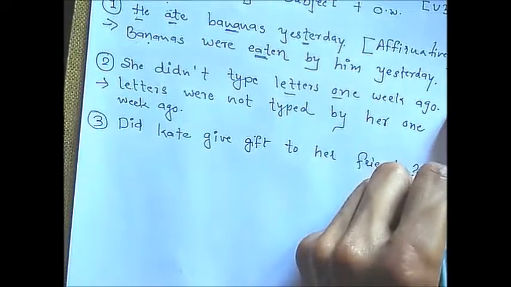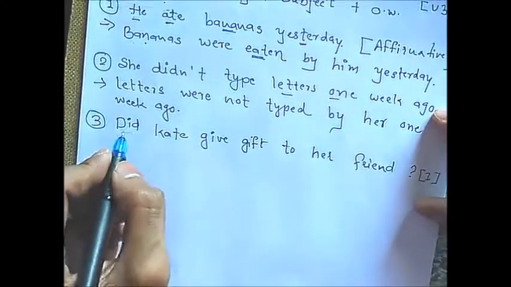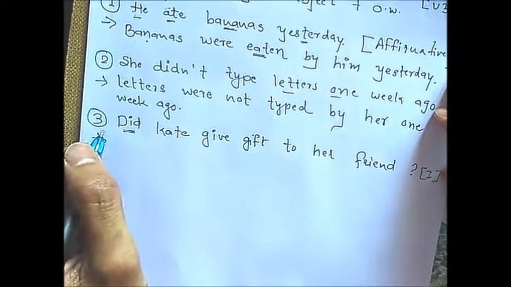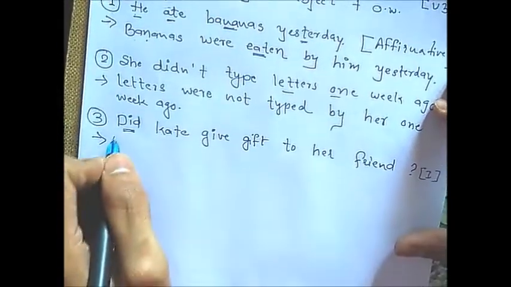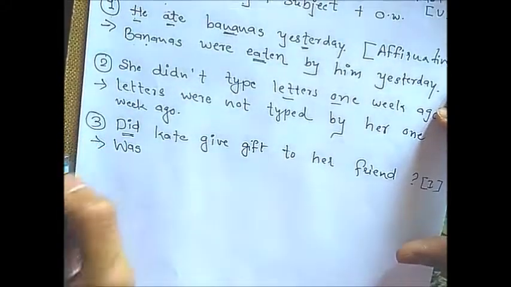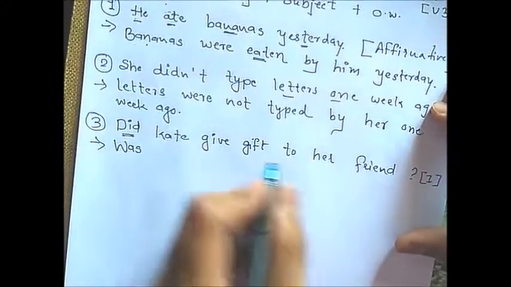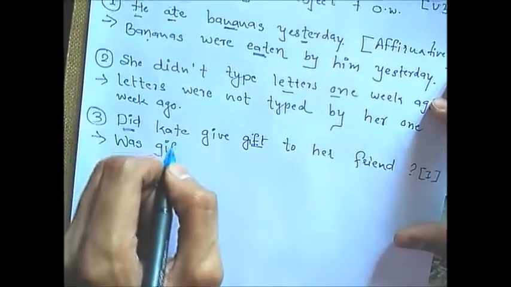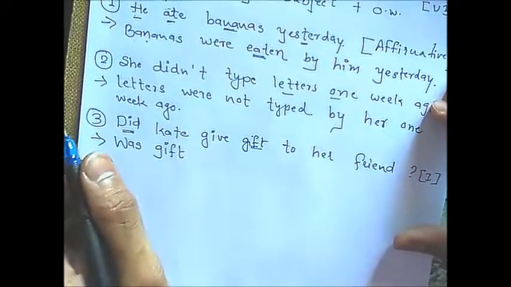This is an interrogative sentence. If your question is starting with did, in the very beginning you have to put was. Then after, the object, the gift, was the gift.